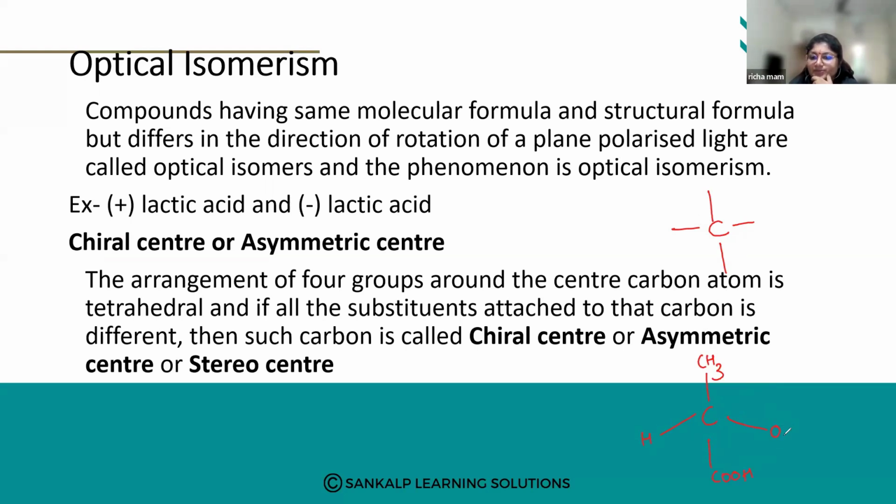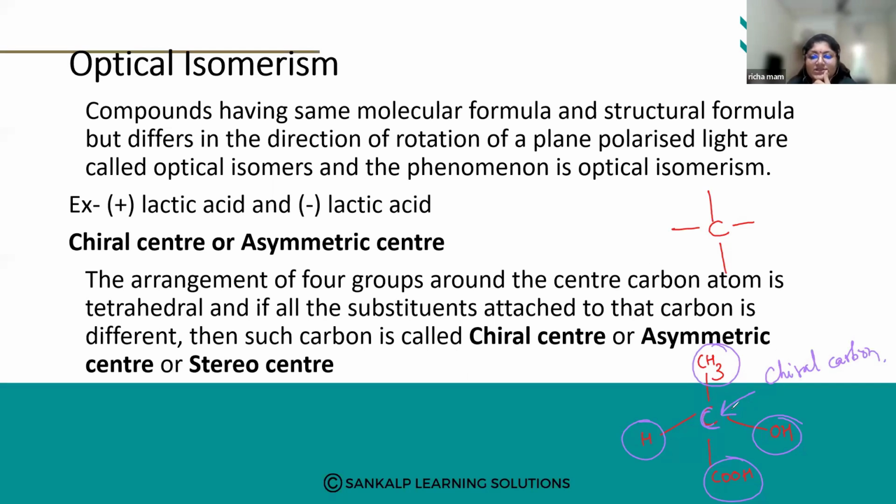So here, if the four atoms attached to the central carbon are different, then it is called a chiral carbon, or an asymmetric center, or a stereo center. Understood?